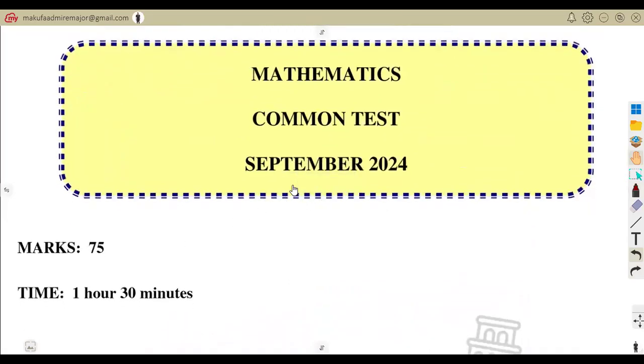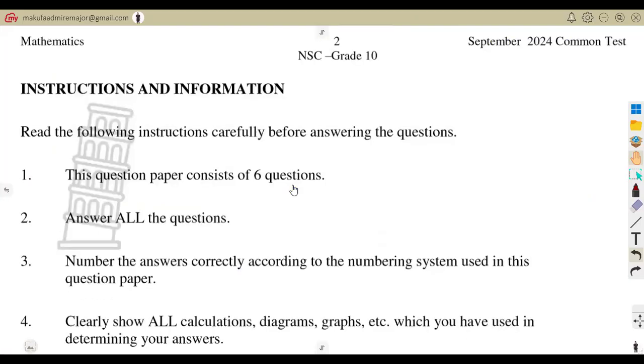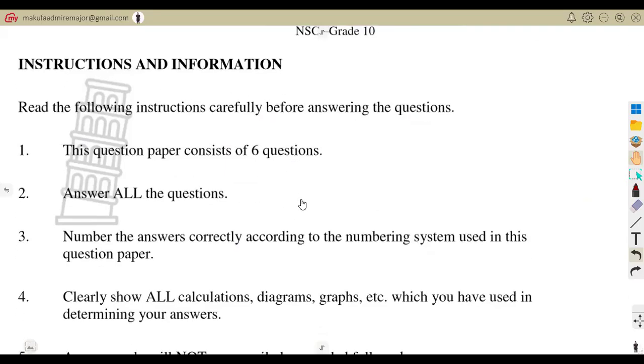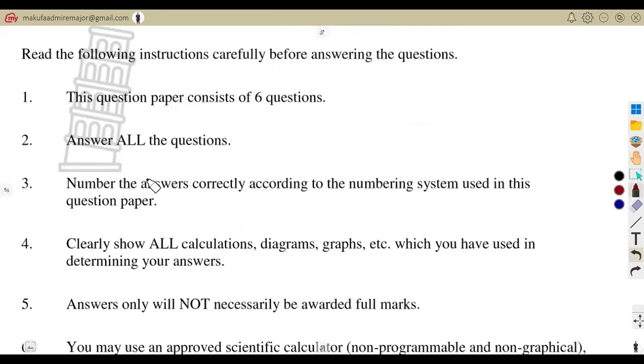So we're going to see with the information, as I said before, read instructions. Make sure that you read the instructions that you are given. They were given the instructions and information, which is that you are supposed to answer all the questions. Number the answers correctly according to the numbering system used in this question paper.